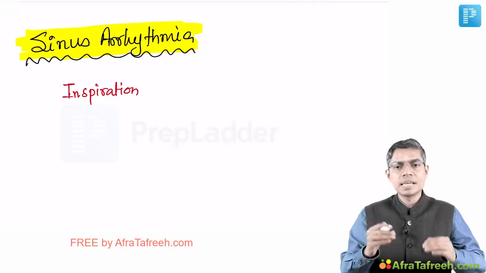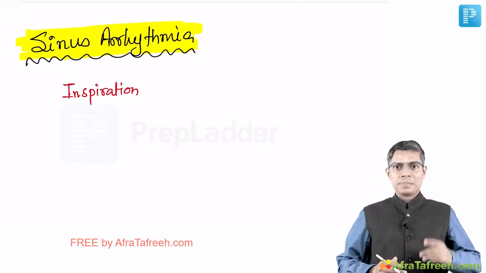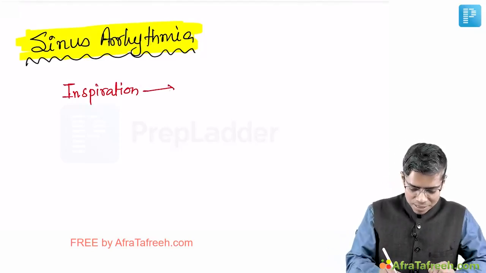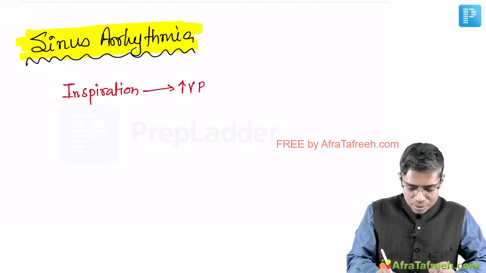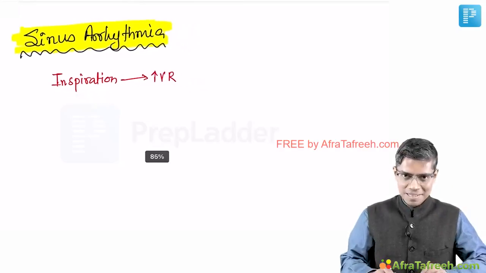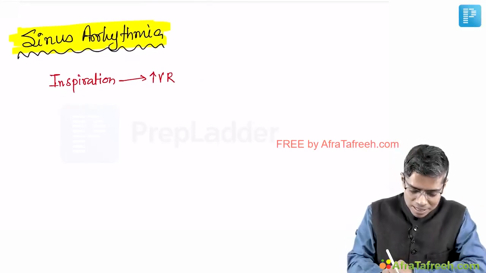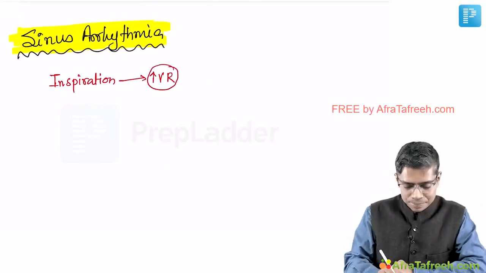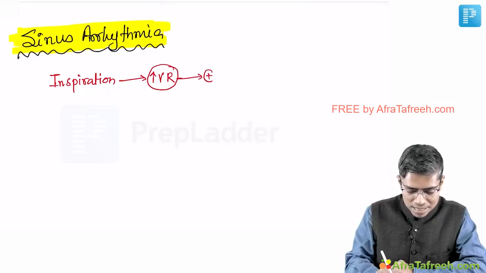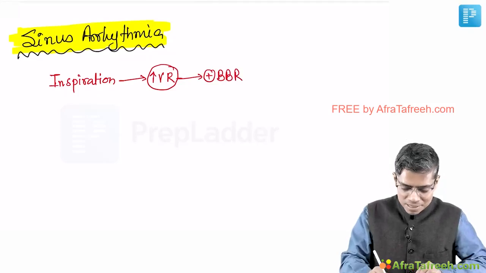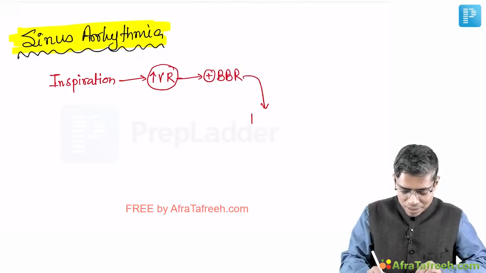So now I have to explain what will happen to your heart rate during inspiration. I am taking a deep inspiration. Previously we have discussed that during inspiration venous return to the right atrium increases, right? And that's why blood pressure was decreasing on the left side. Now with increased venous return to the right side, what reflex is going to be activated? Bainbridge reflex is going to be activated. If Bainbridge reflex is active, what will happen to heart rate?